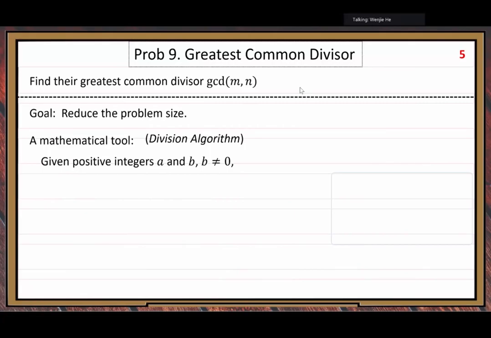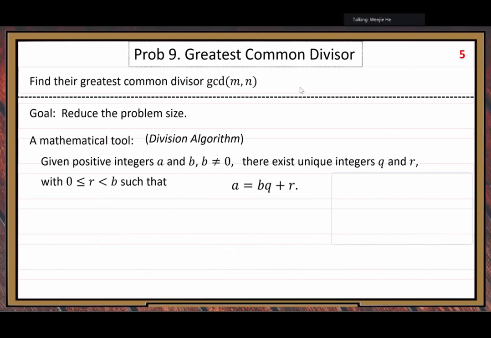Given positive integers a and b, with b not equal to 0, because we need to use b as the divisor and the divisor cannot be 0, there exist unique integers q and r, q for quotient, r for remainder, such that a equals b, the divisor, times q, the quotient, plus r, the remainder, where the remainder is greater than or equal to 0 and strictly less than the divisor.